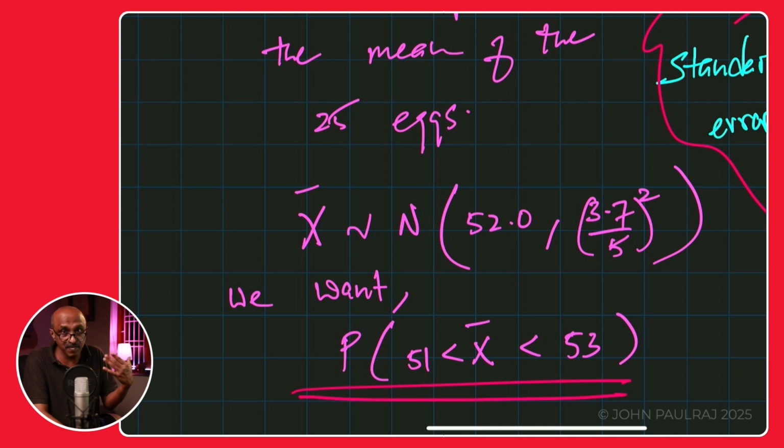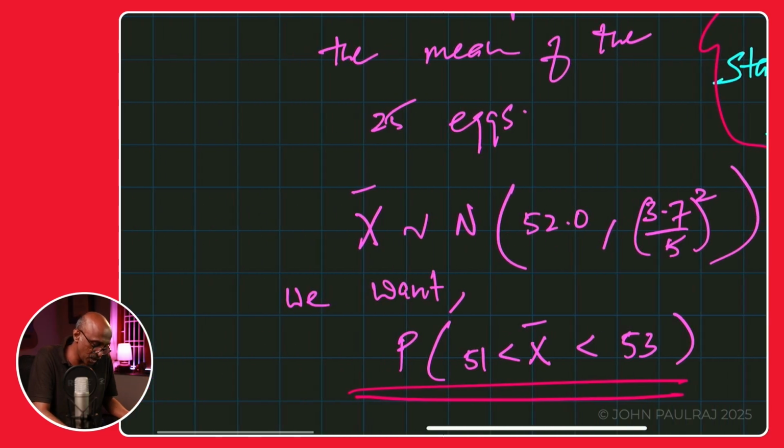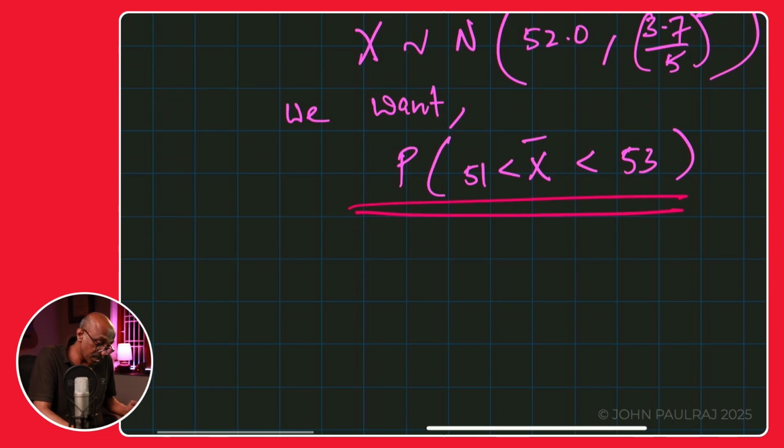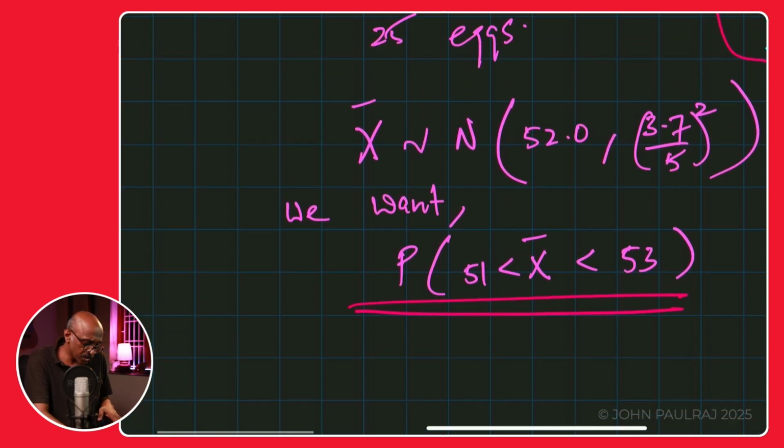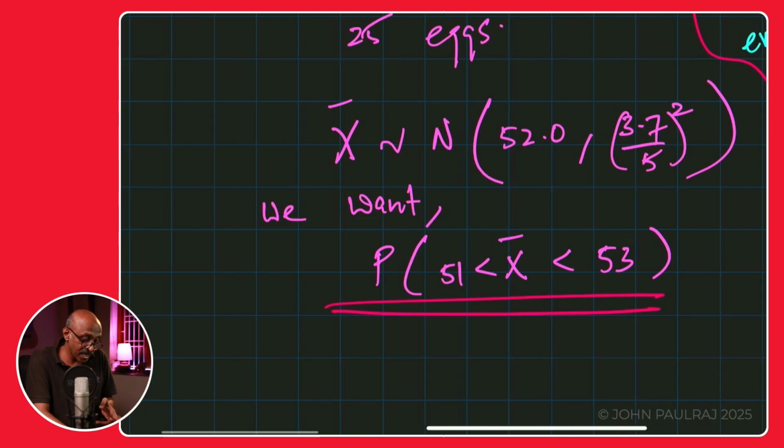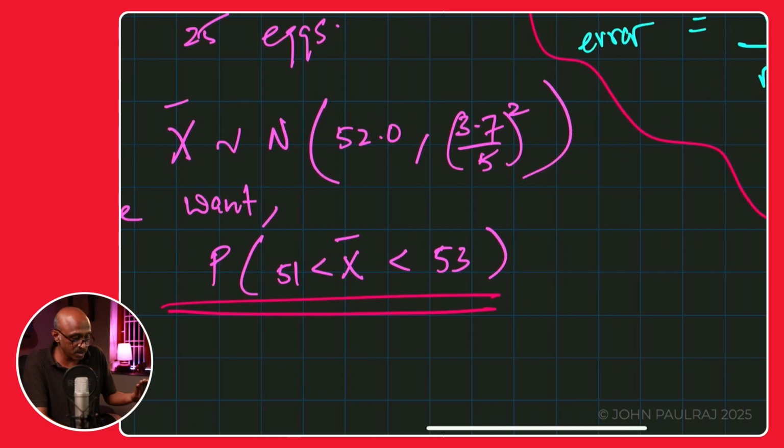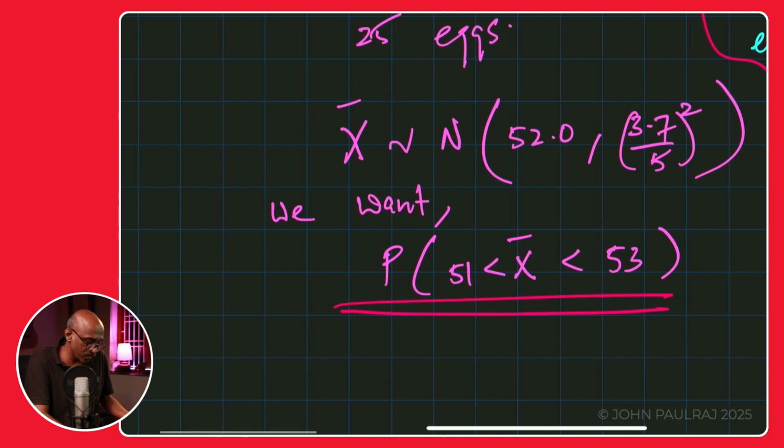And as I said, means vary slightly. They don't vary as much, okay? So we are using the standard error instead of the standard deviation. Fine. It still follows normal, but the normal with mu 52 and the standard error, which we're using as an approximation for the standard deviation. Okay, standard error is what we're using.